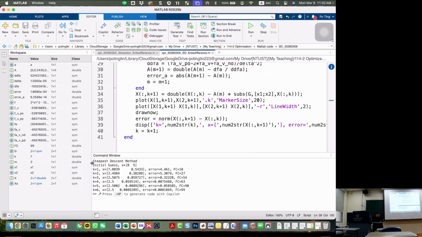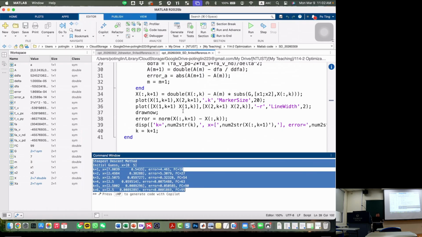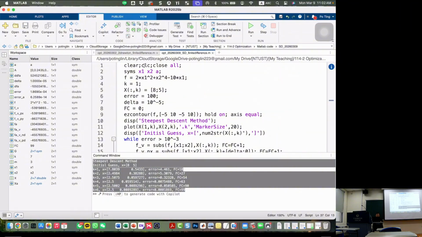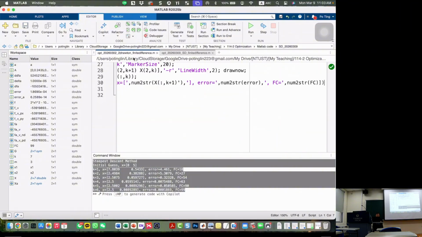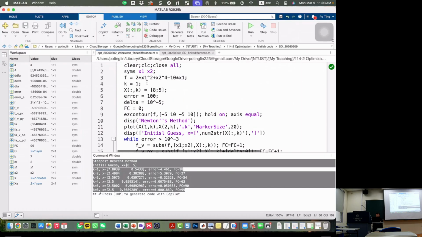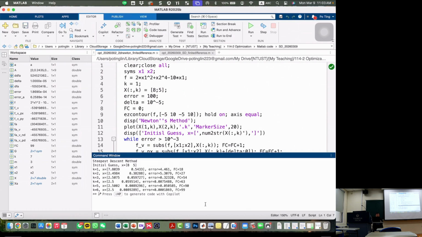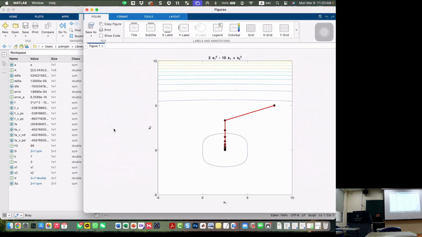Let's copy the solution. Let's not clear the screen so you can see the difference. So this is steepest descent. I'm going to run the Newton again.